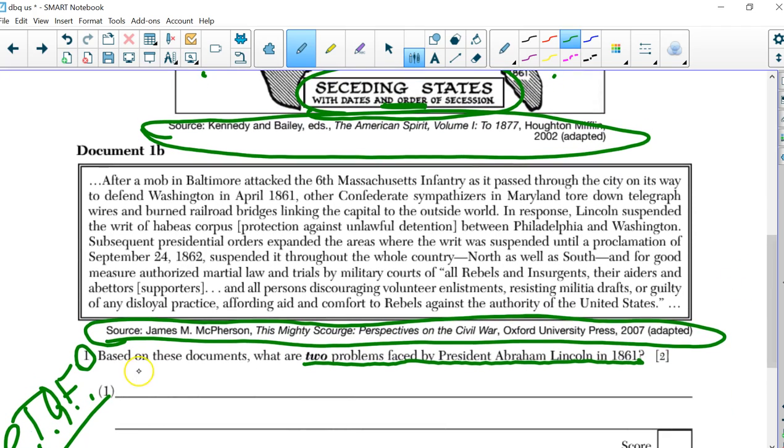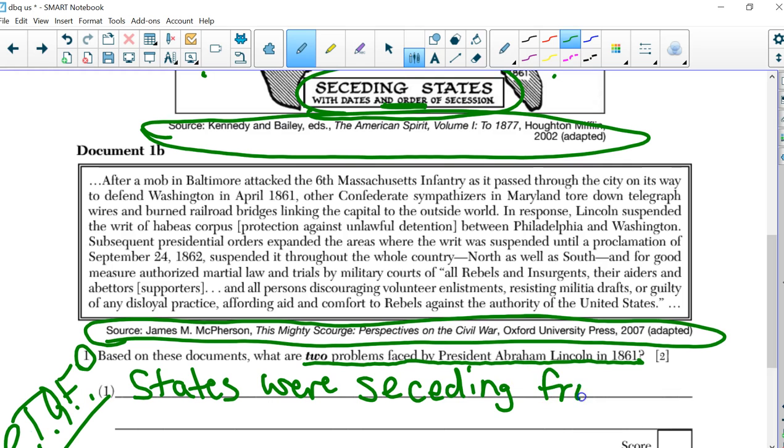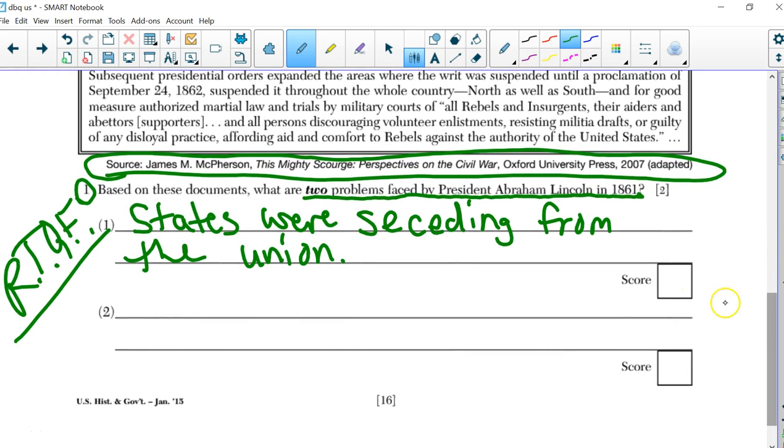So I would write that. States were seceding from the Union. Okay. And these are both worth 1 point. So if I saw that on somebody's test, I would give that a point.